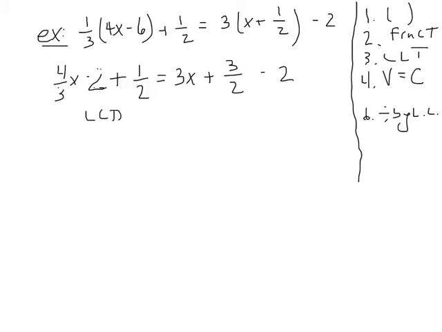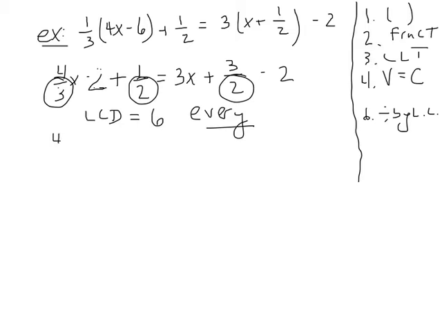Step 2, now we can clear the fractions. And to do so, we need the least common denominator of 3, 2, and 2, which we know is 6. But we have to remember, when we multiply by the least common denominator, we multiply every term by the least common denominator, not just the terms that are fractions.